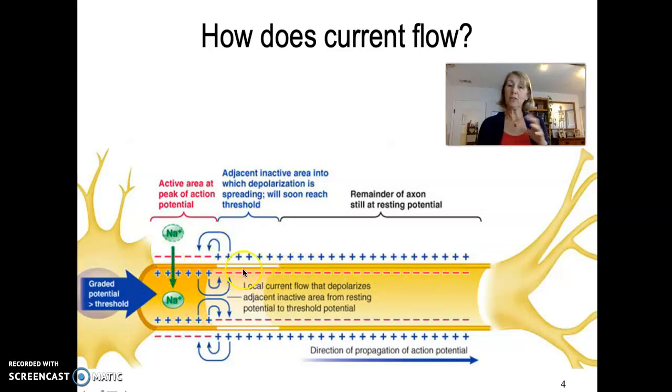But it's only going to spread if there is a change in potential all the way along. We call that the adjacent area, and that adjacent area at first will be inactive, and then it will go on to do its thing, which is depolarize. So it's always in this direction. It can't go backwards. It's always in the same direction.